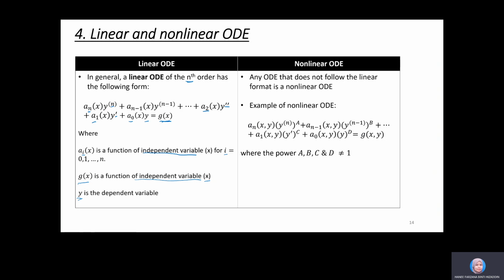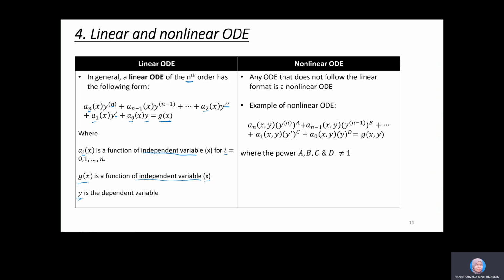And y in this case is the dependent variable. By default y is dependent and x is independent, but it could be the other way around, and it could be other letters, not just x and y.